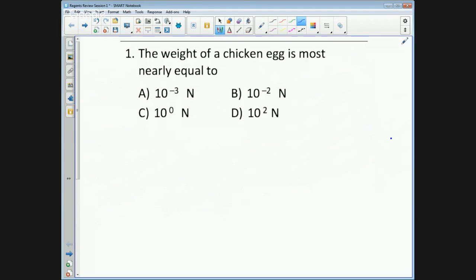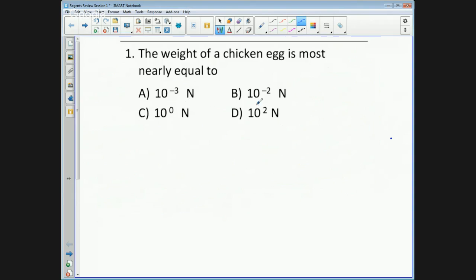Okay, so let's do this first question. It says, the weight of a chicken egg is most nearly equal to something. This is Fumi's favorite type of question. The way I like to do these is convert these all into one single type of number.